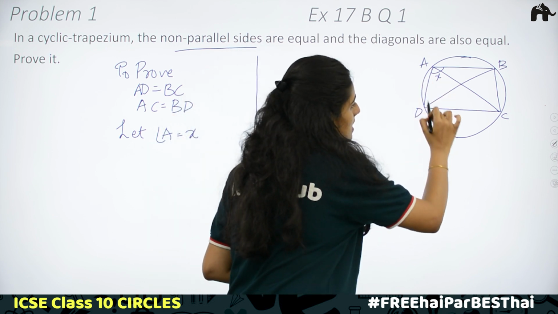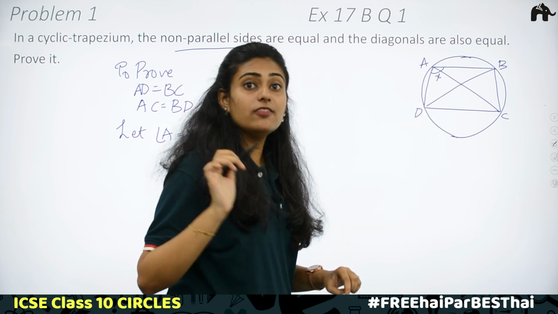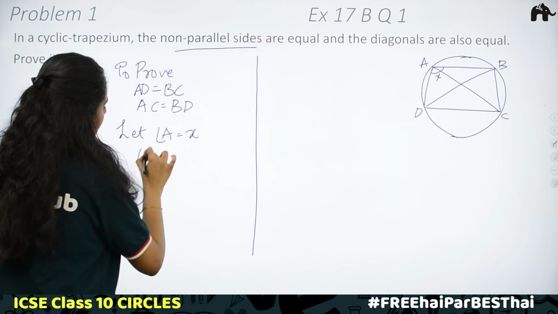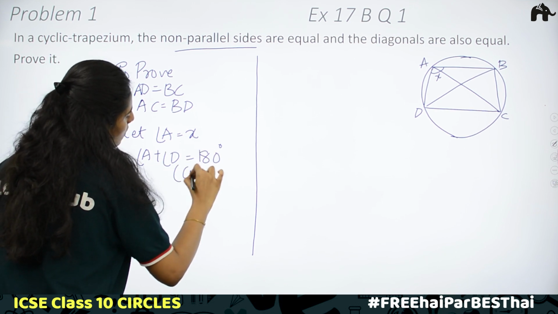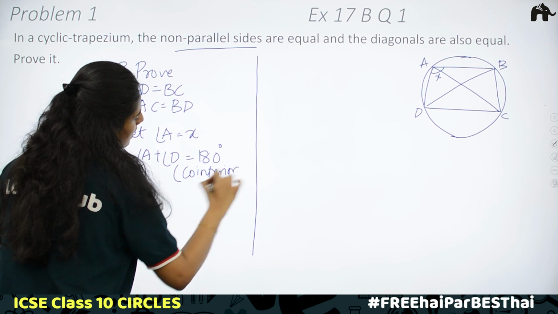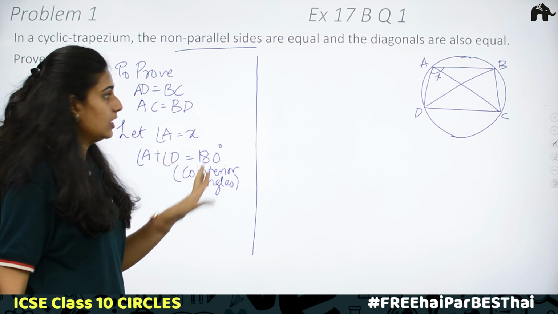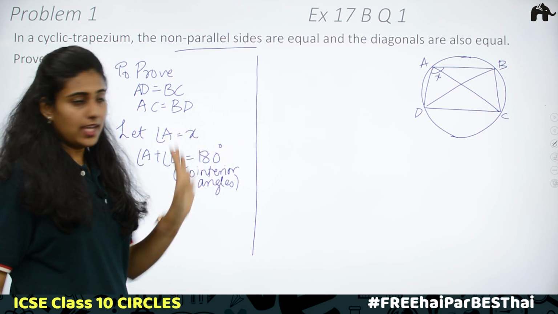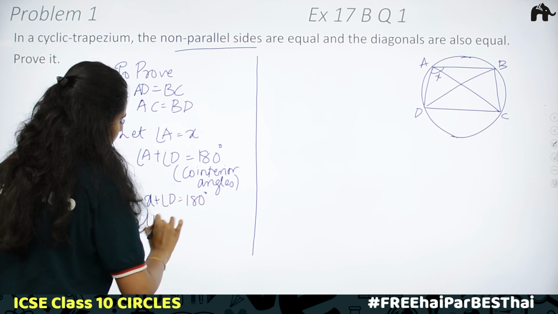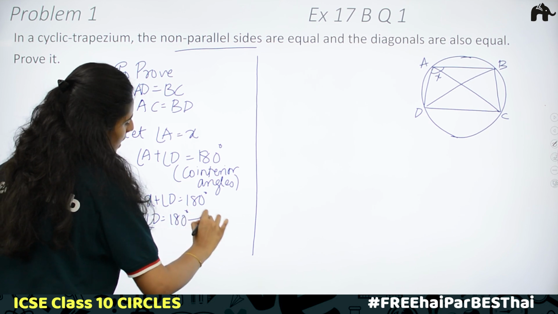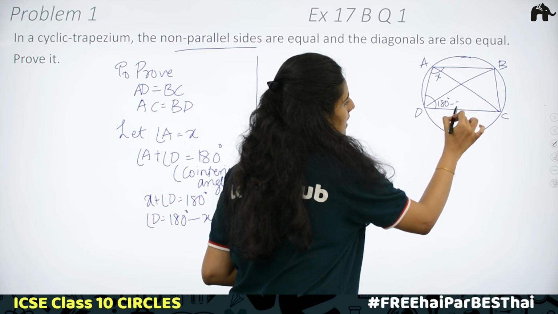Angles that come on the same side. When you take the sum of these co-interior angles, you will get 180 degrees. That is, angle A plus angle D will always be equal to 180 degrees. Reason, co-interior angles. If angle A plus angle D is equal to 180 degrees, and we have taken angle A is equal to x, then x plus angle D is equal to 180 degrees and angle D is equal to 180 degrees minus x.